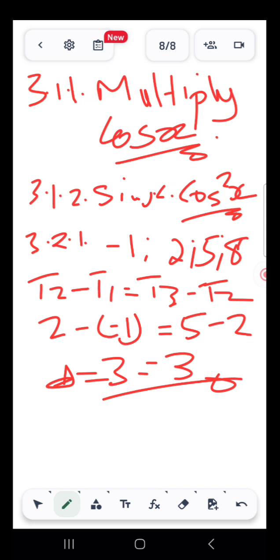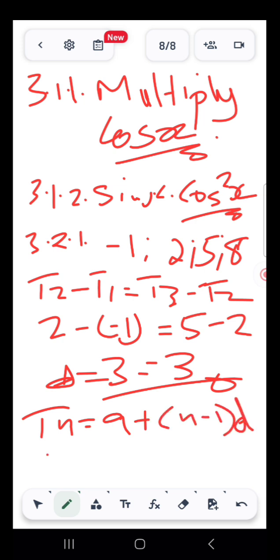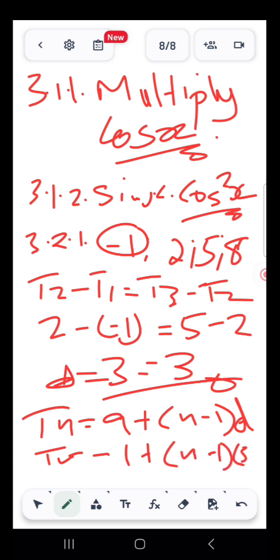Now we are supposed to find the general term. General term Tn equals a plus open bracket n minus 1 close bracket d. Then we substitute a, which is -1, and d, which is 3. Distribute the 3, then you have Tn equals -1 plus 3n minus 3.